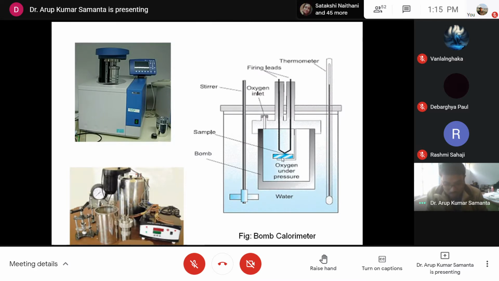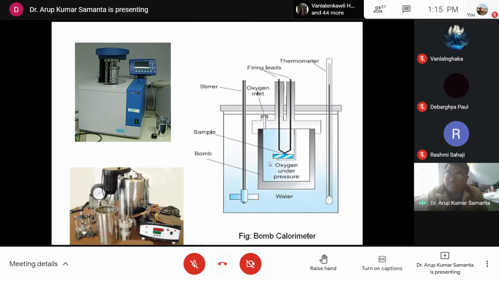If you want to take any cereal or roughage source, you can take 1 gram of it. Then the lid of the bomb needs to be closed, and there is a particular place through which you can pass the oxygen from the oxygen cylinder. As I have told, the feed needs to be oxidized in the presence of oxygen, so you have to pass the oxygen.